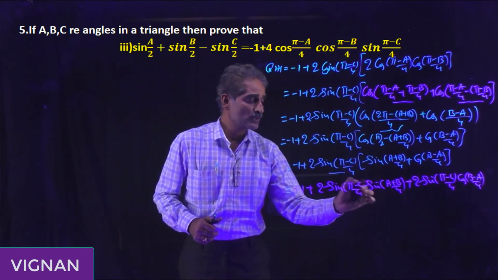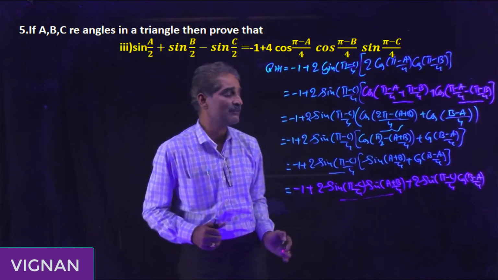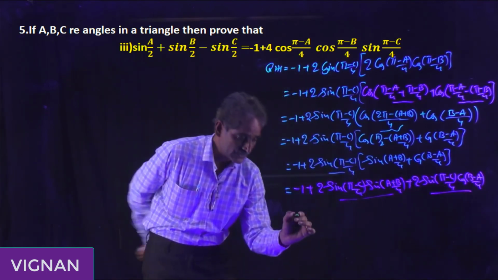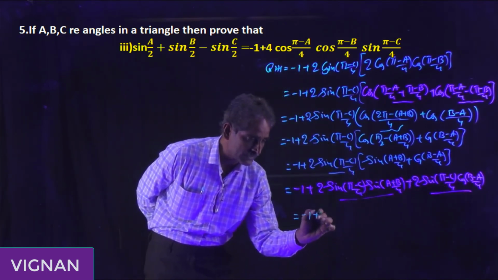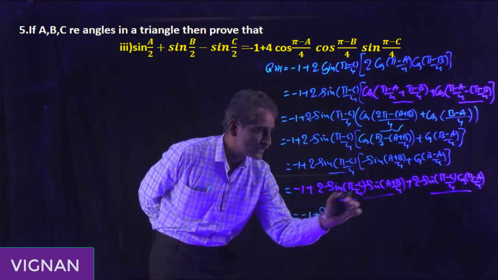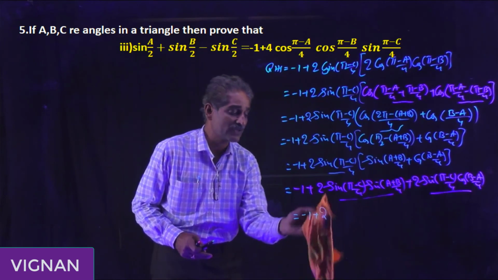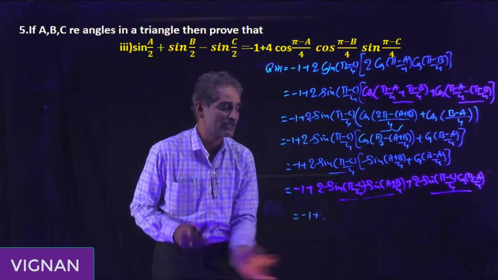Now these two terms are in the form of 2 sin A sin B, and these are in the form of 2 sin A cos B. So here we can write minus 1 plus 2 sin A sin B, which is cos(A minus B) minus cos(A plus B).